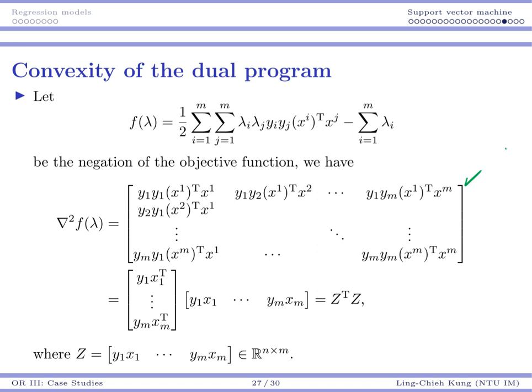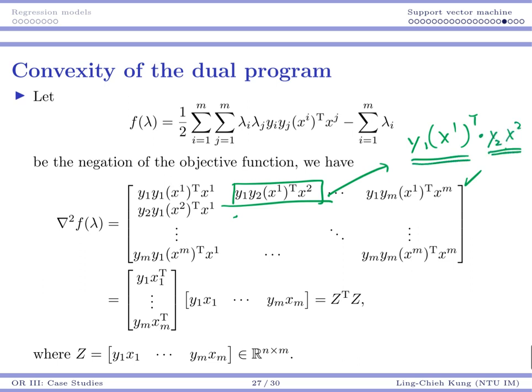After some careful observation, whenever you are looking at a term, for example, this guy, you may always split it into y1 x1 transpose as one thing, multiplied by y2 x2.